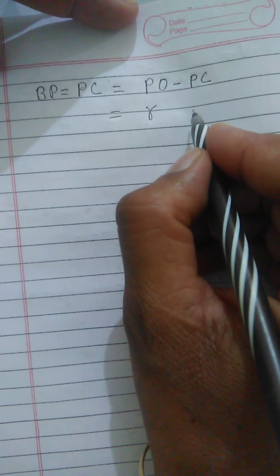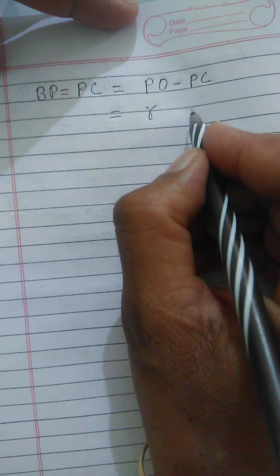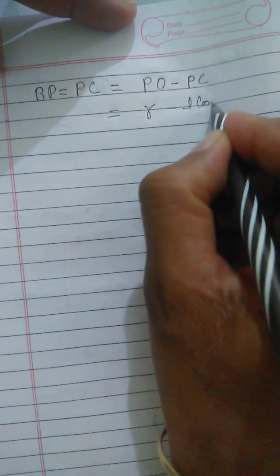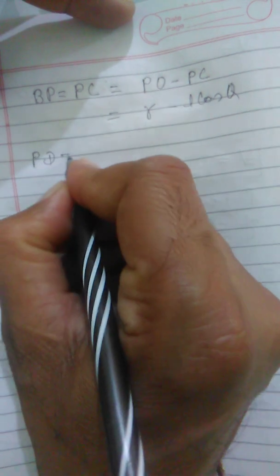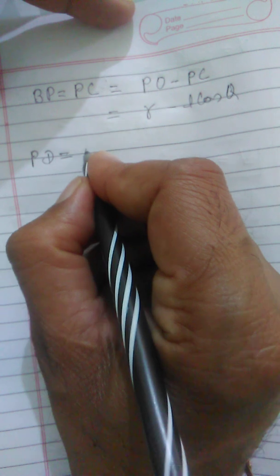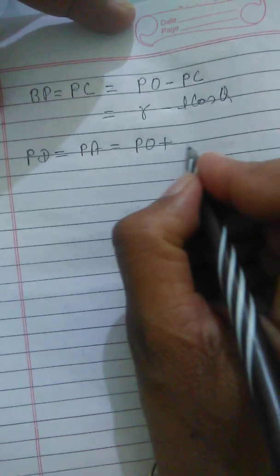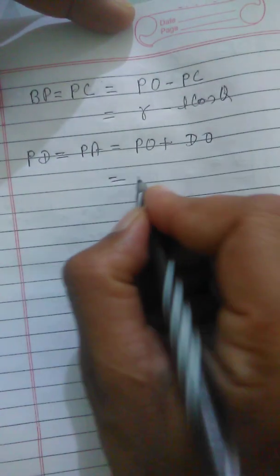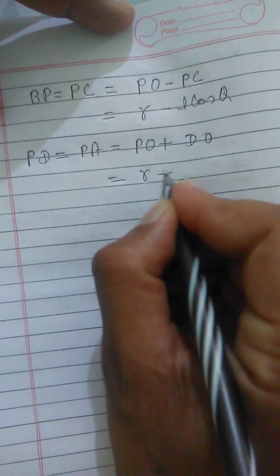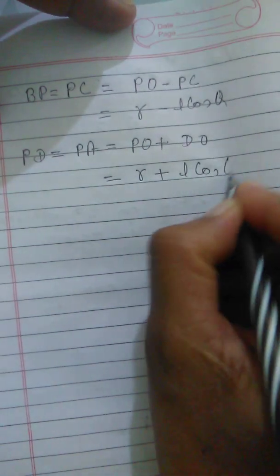PO is r, the distance of P from the center, and CO is L cos theta. Similarly, we can calculate the value of PD. PD equals PA, and PD is given by PO plus DO, and PO is r, so it is r plus L cos theta.